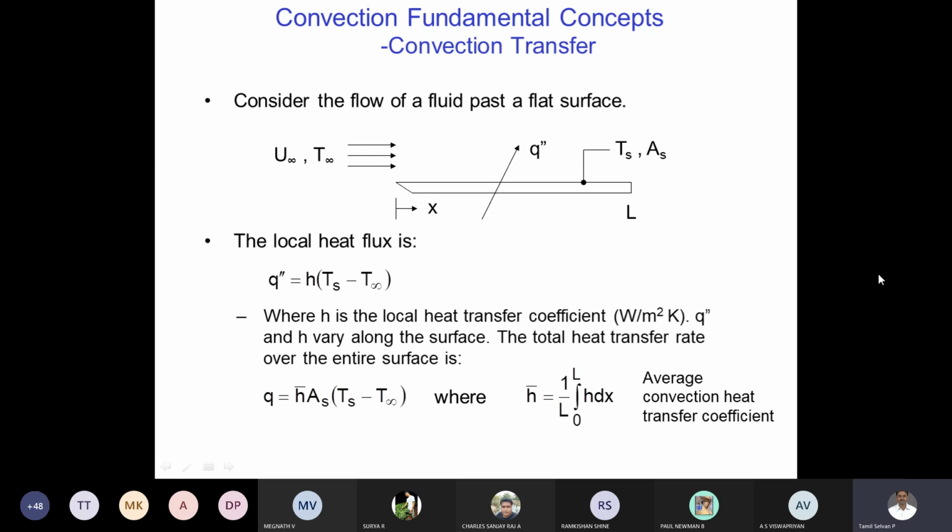So often we will be considering the average heat transfer coefficient, not the local one.